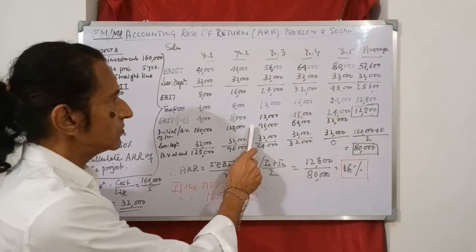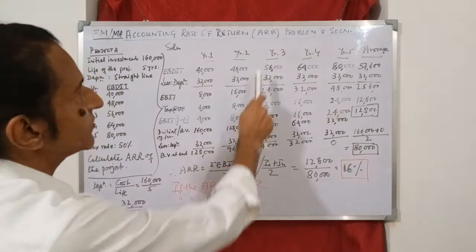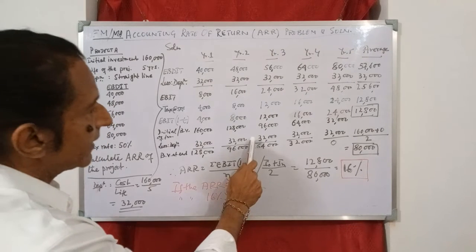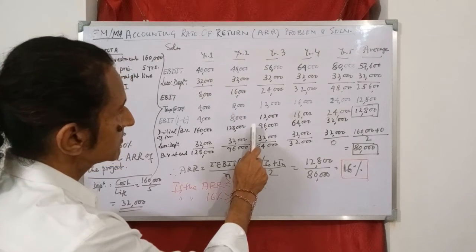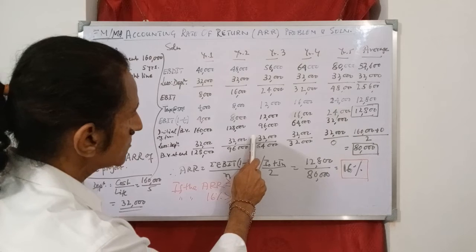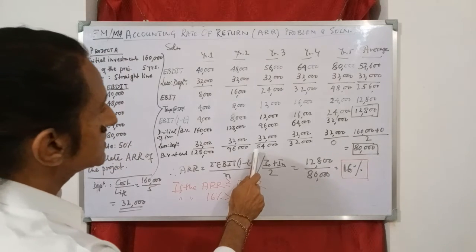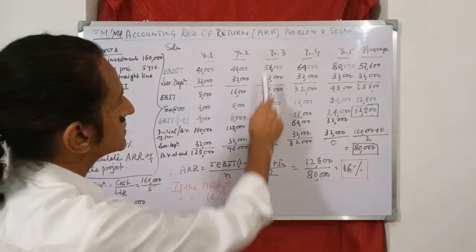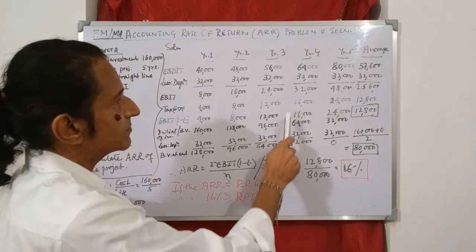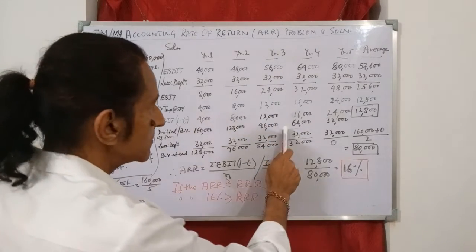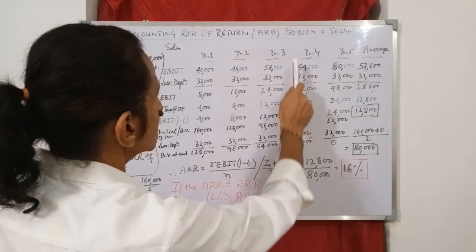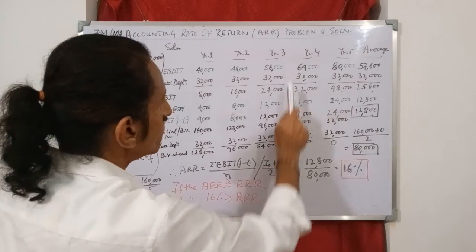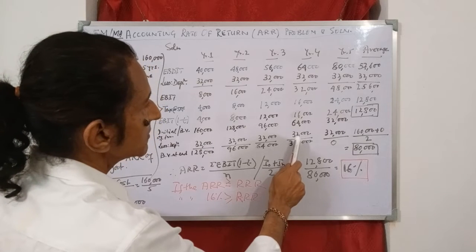That becomes the book value of the investment at the beginning of year 3. Again we have deducted depreciation of 32,000. So we have got 64,000 as the book value at the end of year 3. That becomes the opening book value at the beginning of year 4, 64,000.